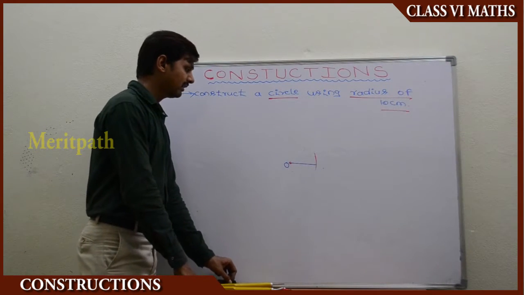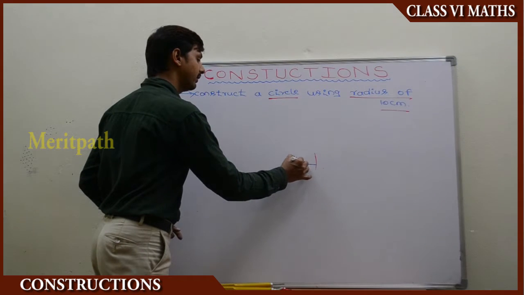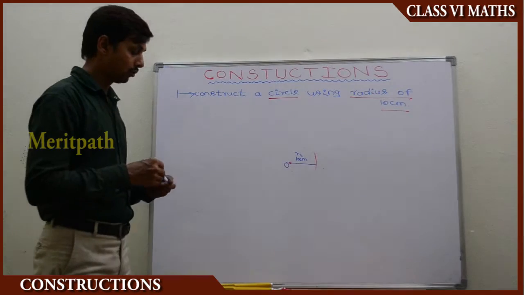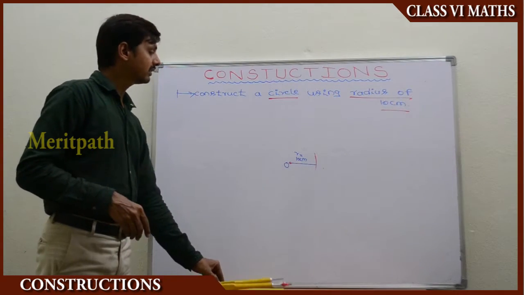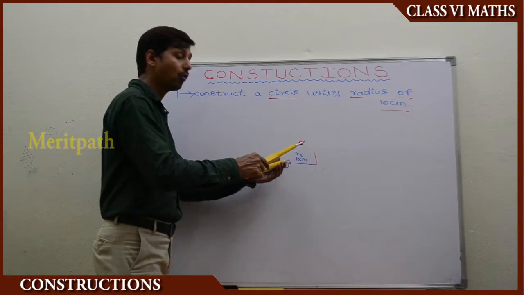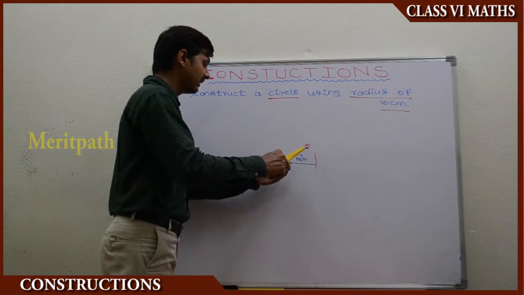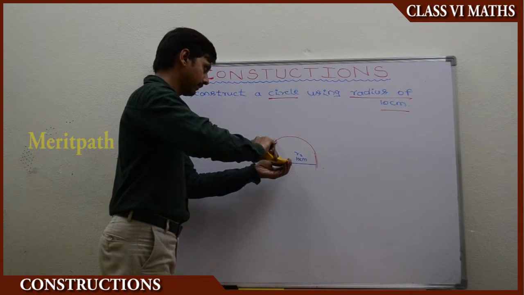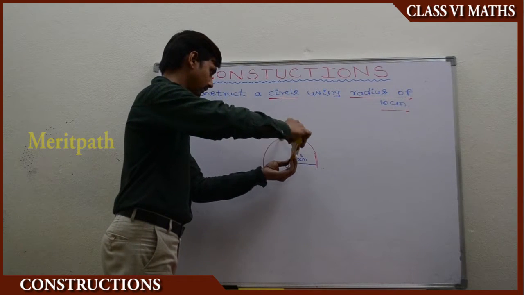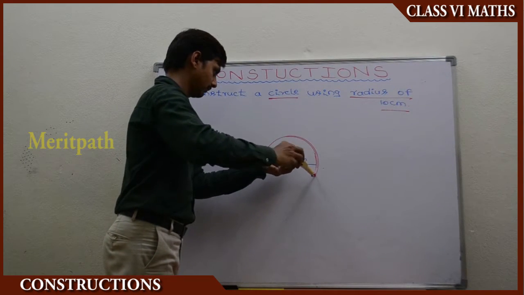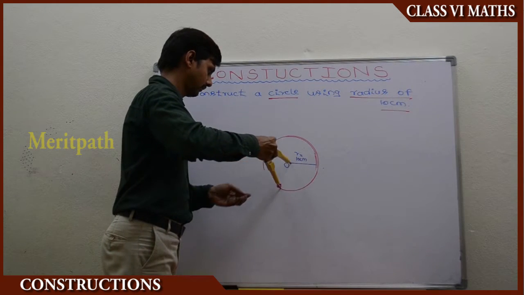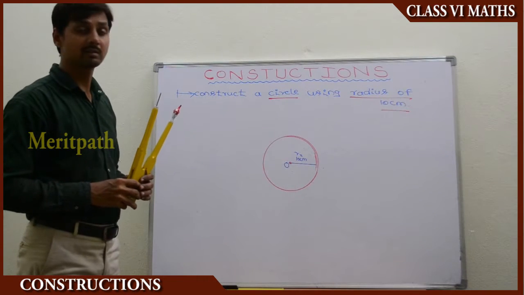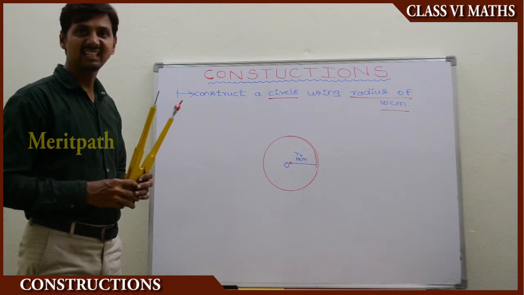Now this is 10 centimeters, as we know, and this is the radius. So let's take the center as O, the fixed point we discussed earlier. Using this point O, draw a circle. We have drawn a circle using this point. So this is a circle of 10 centimeters.